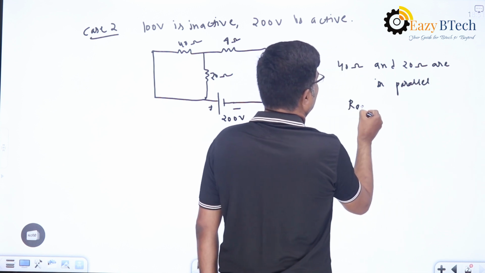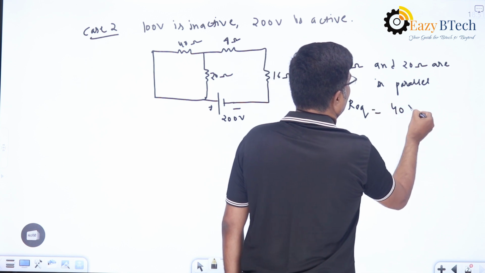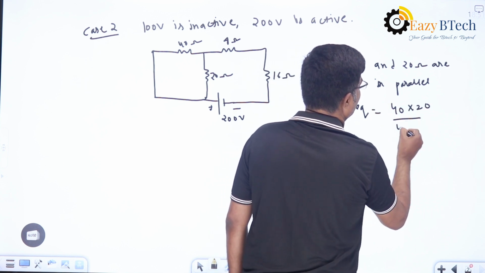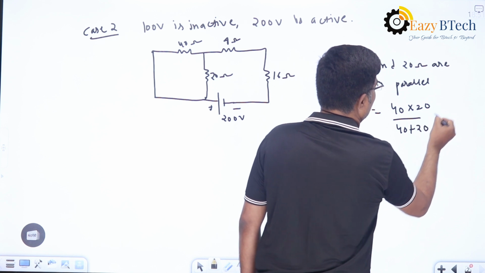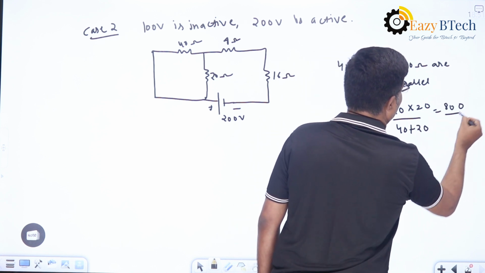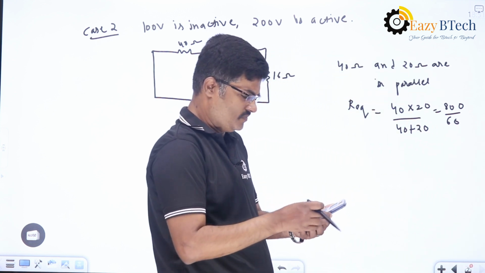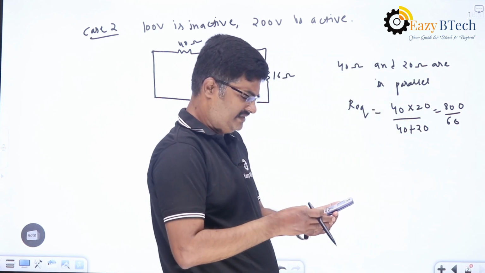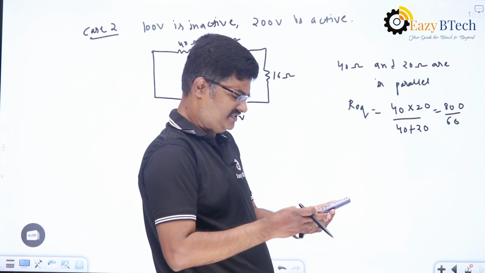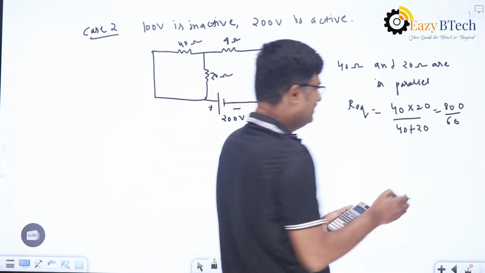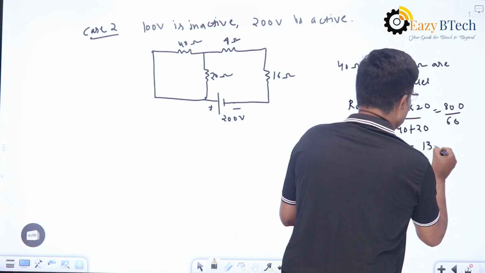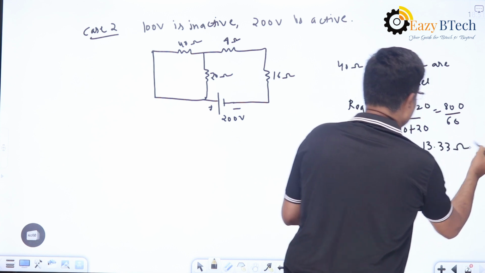So my R equivalent is equal to 40 into 20 divided by 40 plus 20, which is equal to 800 divided by 60. Using my calculator, I am getting 13.33 ohm.